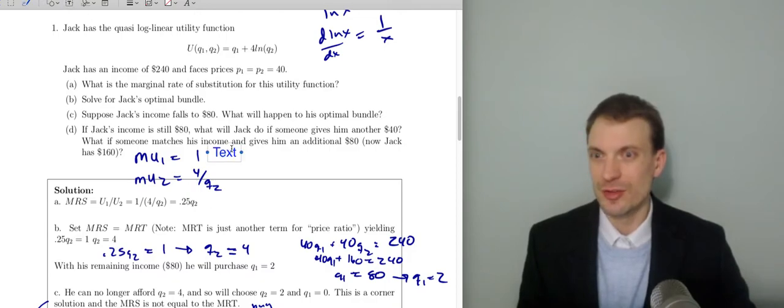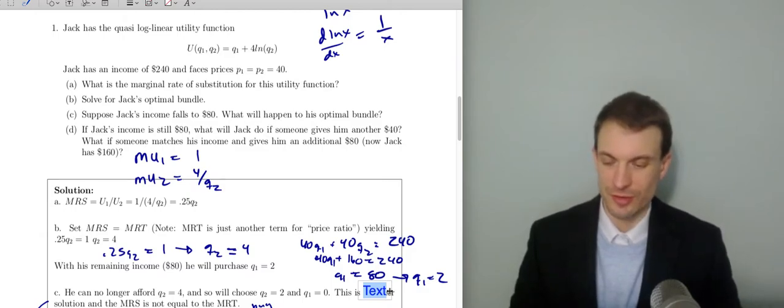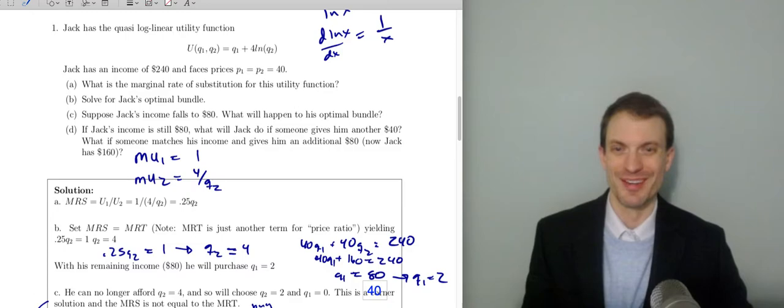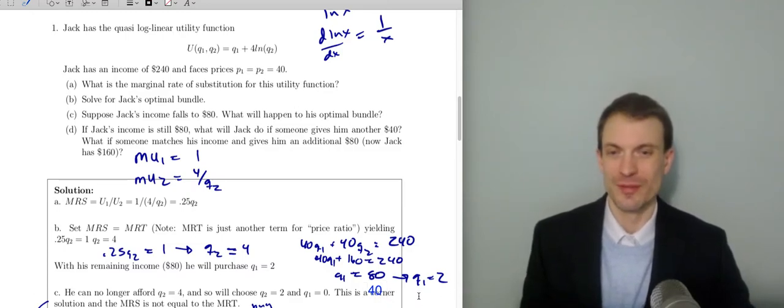Let me try to be a little bit clever here. This time I'm going to use a text box. So I'm going to say this is going to be divided by 40. I think it's better. Good, we fixed it. With Jack's remaining income, Jack is going to purchase these 2 units of good 1. So Jack's optimal amounts of good 1 and good 2 are 2 units of good 1, 4 units of good 2.